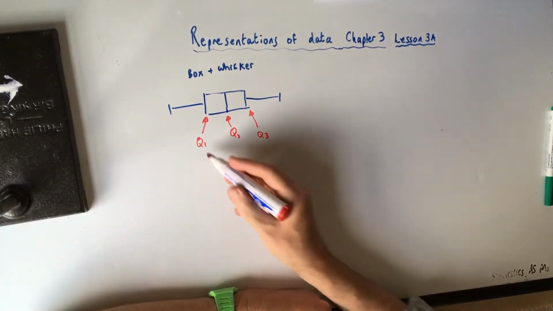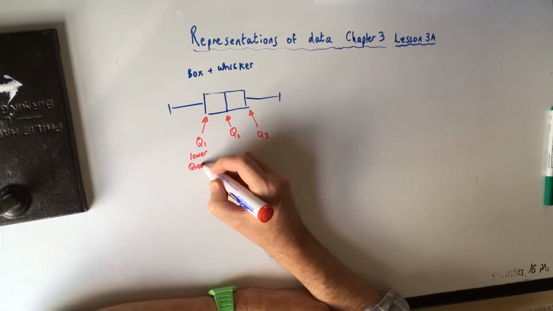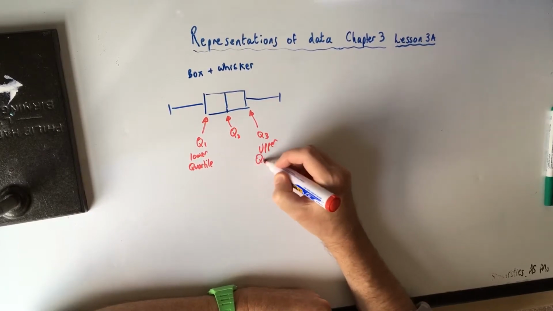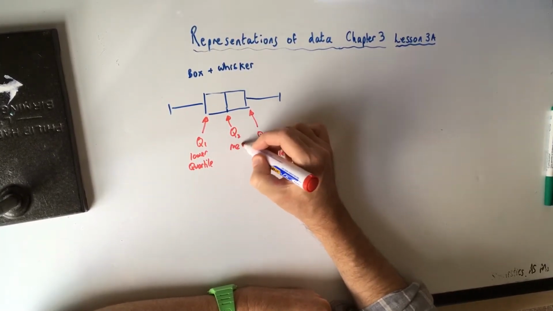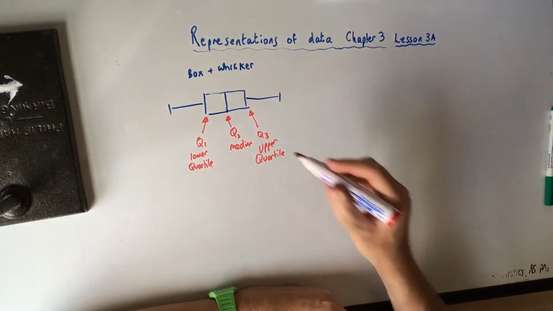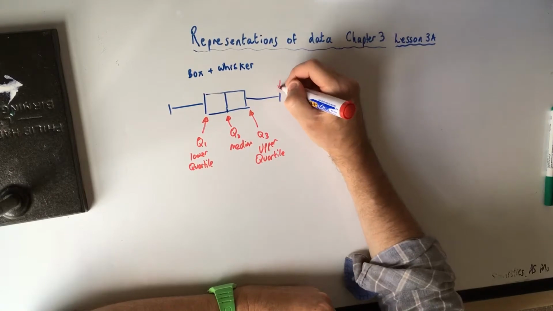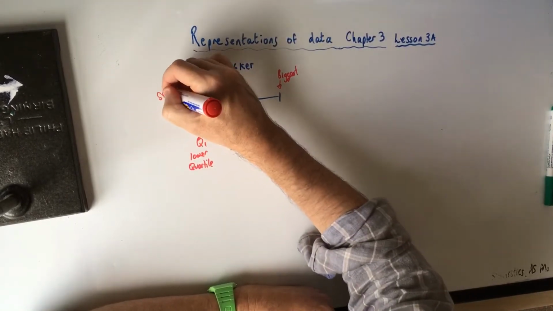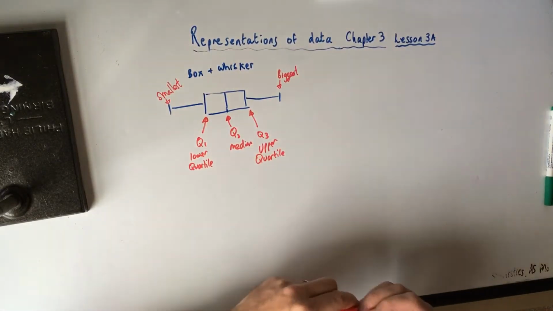At GCSE you would have called this the lower quartile, and this one the upper quartile, of course. And then of course this is the median, isn't it? And so this is the biggest value, and this is the smallest value. So you draw them on graph paper, don't you?